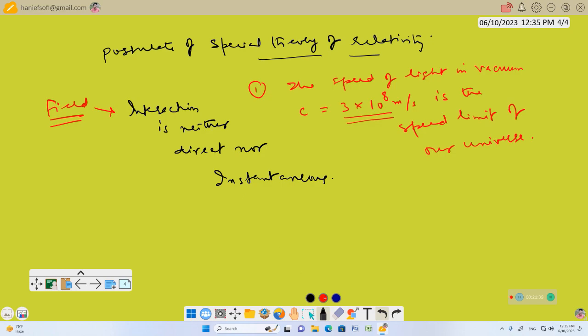And we symbolically represent it this way. We write mass, then we show double arrow, in between we write field, then double arrow, and we write this mass. So now in this field idea, we say that field is the third party in this interaction. It is the intermediary agency.